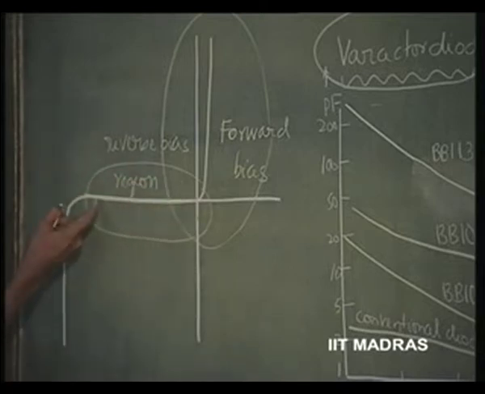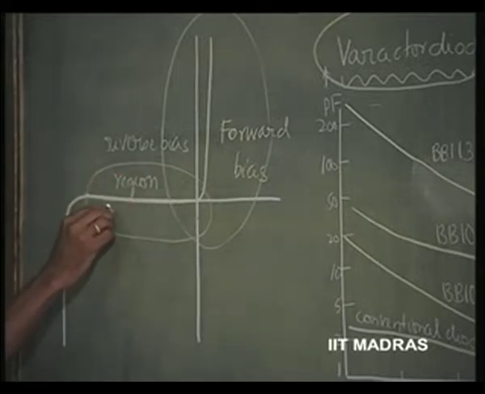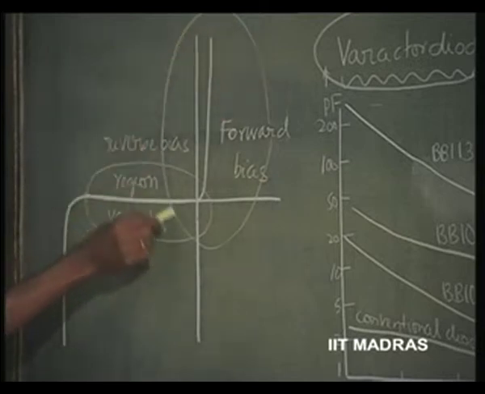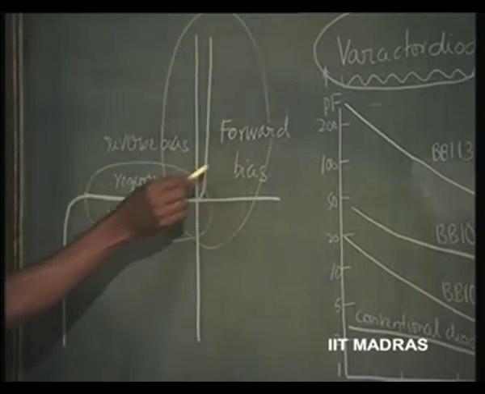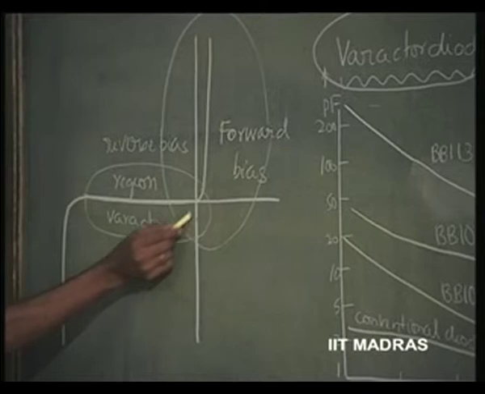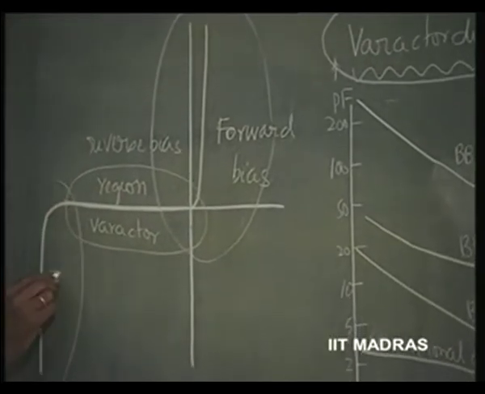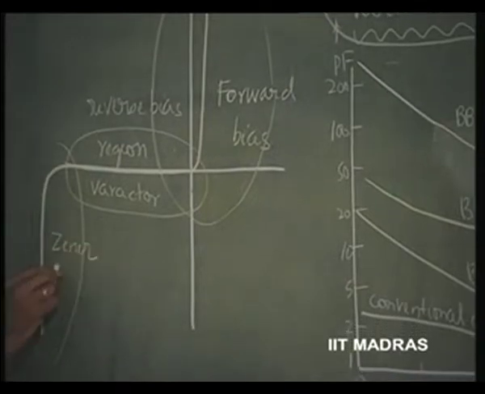Here it is having infinite resistance in this region. It is in this region it is used as a rectifier diode. It is in this region it is used as a varactor. It is in this region it is used as a Zener diode.